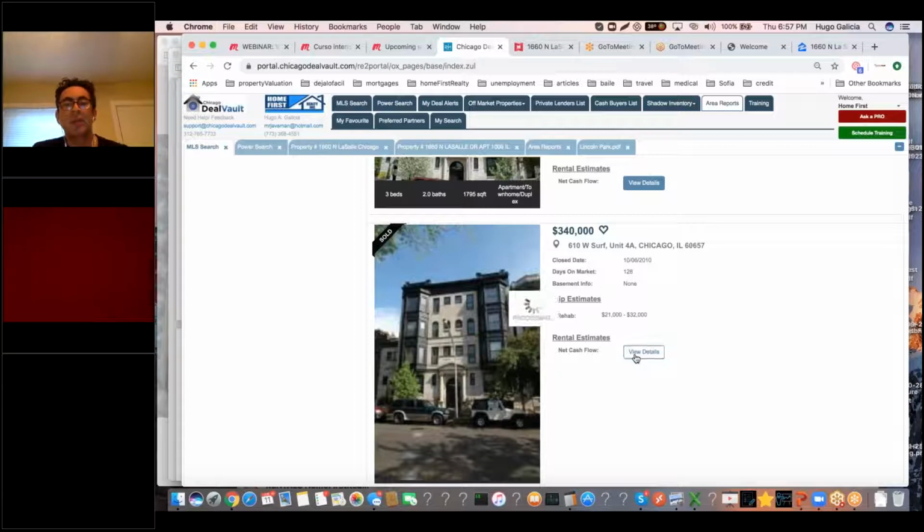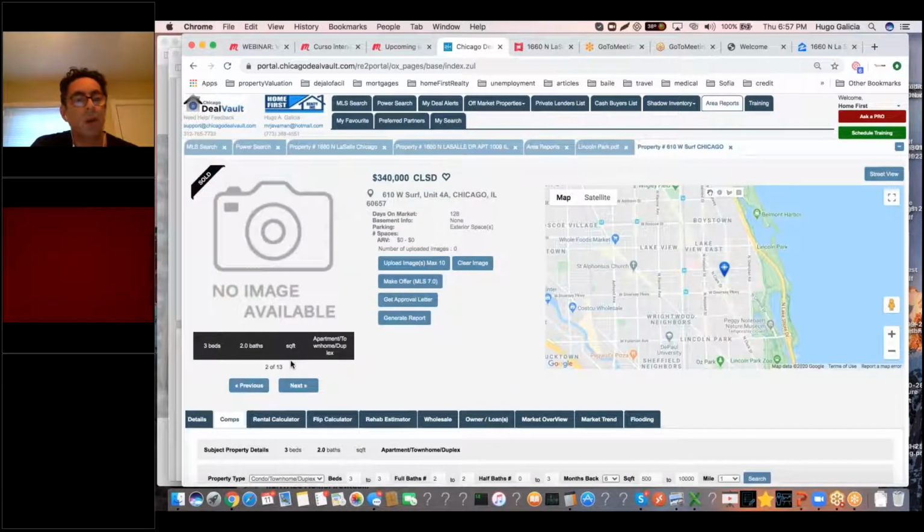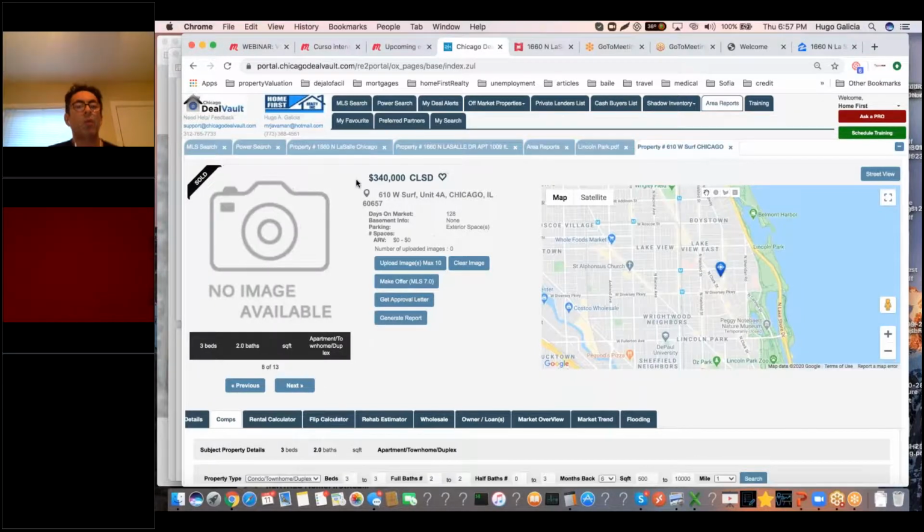Okay, so this is the subject property. This is how much we paid for, let me see if we can see. Yeah, no, the pictures are not showing up. Well, we bought it for 340. We put in like 35,000 into it, and then we sold it for 410.